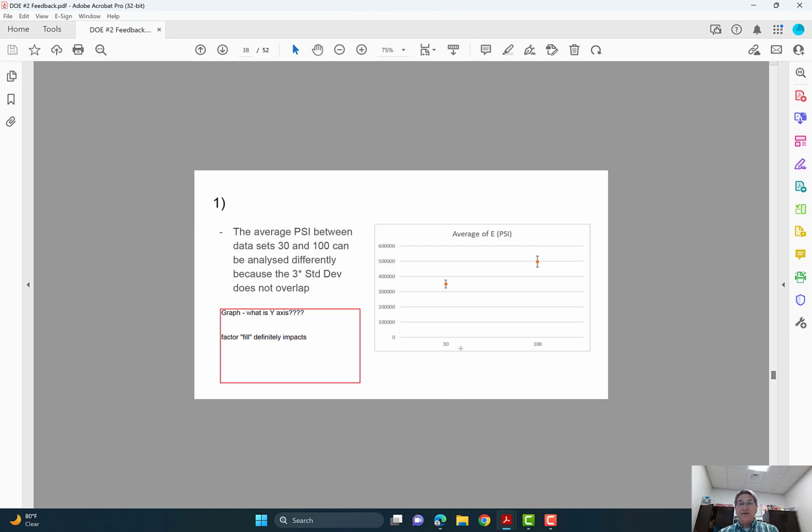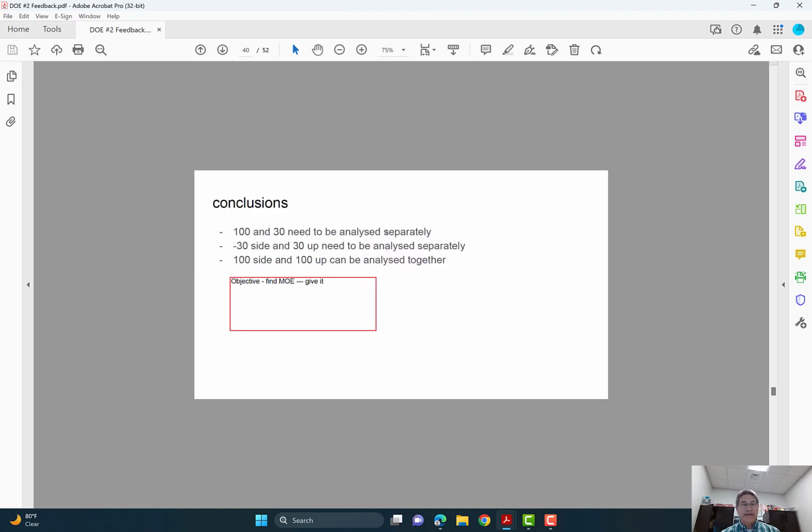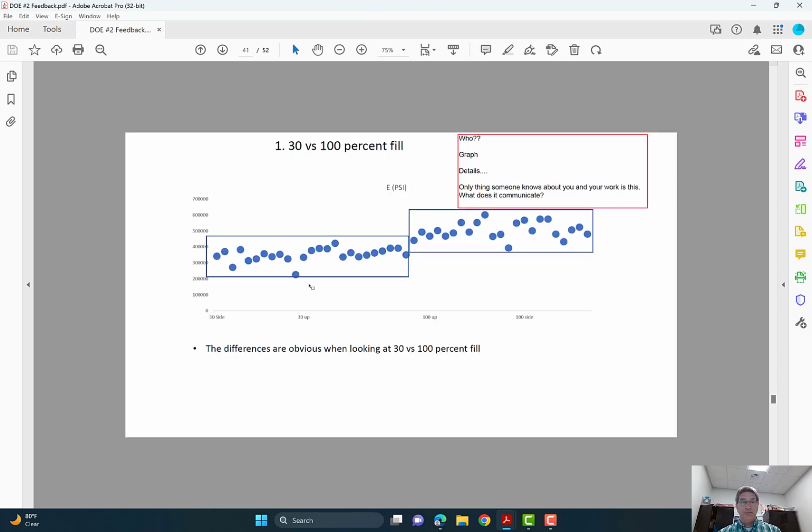That means the factor fill did impact, so 30 and 100 are different. These averages are not the same. The average at 30 is not the same as the average at 100. And again, just terms, need to use t-scale. Remember, it was a t-test. And then same thing as before, the objective was to get the measure of effectiveness, make sure that you give it. You give the bottom line conclusions of whatever it is you were trying to accomplish.